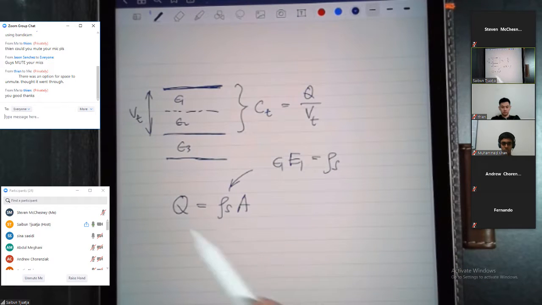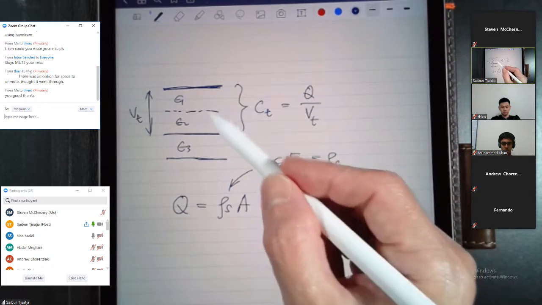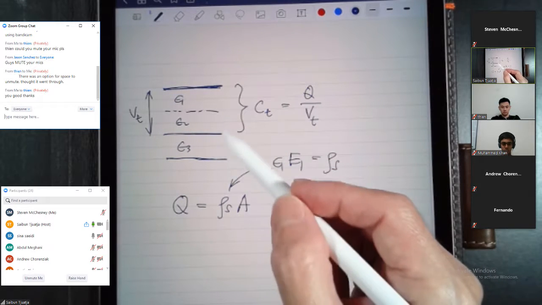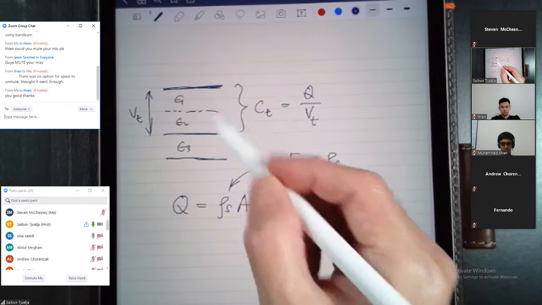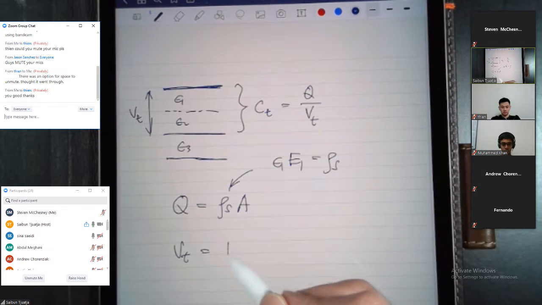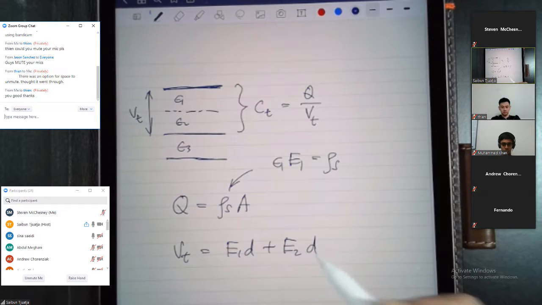Therefore, we know rho S, so we know Q. And what's the potential between the two? Well, we know the potential here: VT is E1 d plus E2 d, correct?